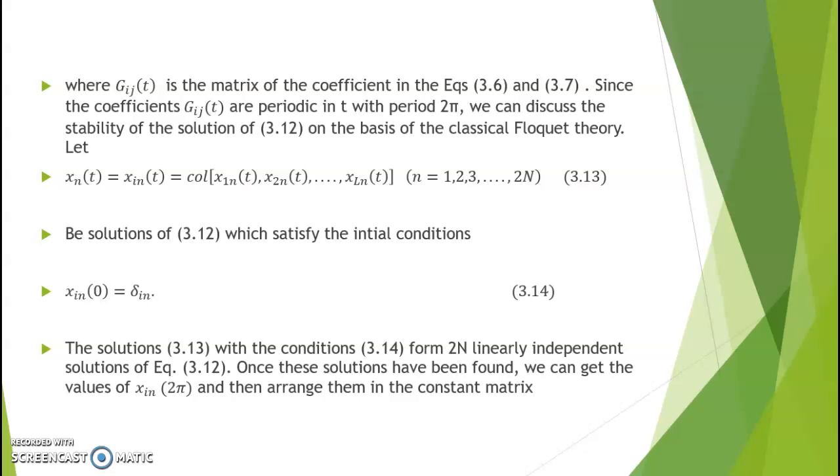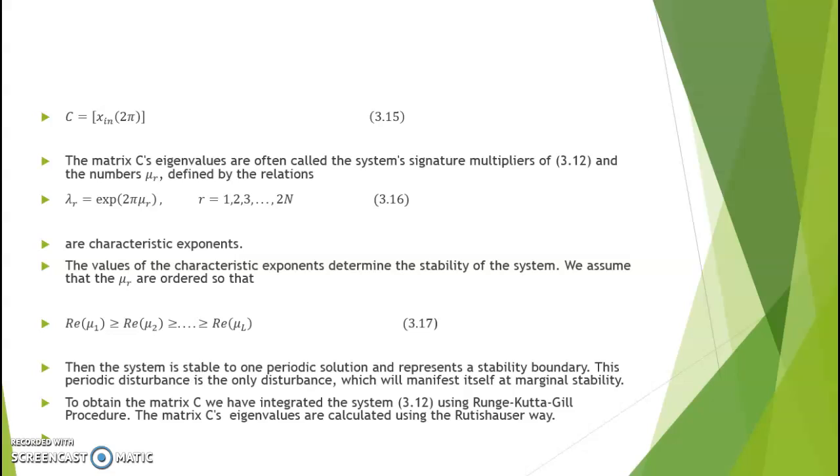Then we have to do some rearrangement in the constant matrix. When we arrange the matrix C, 3.15, eigenvalues are produced, and the eigenvalues are given in 3.16.